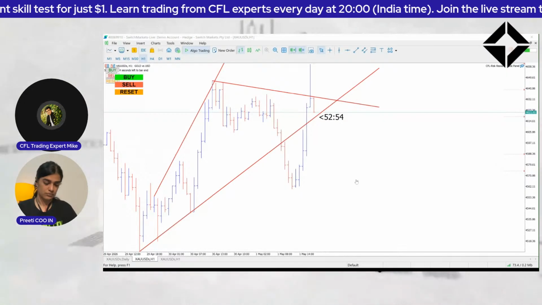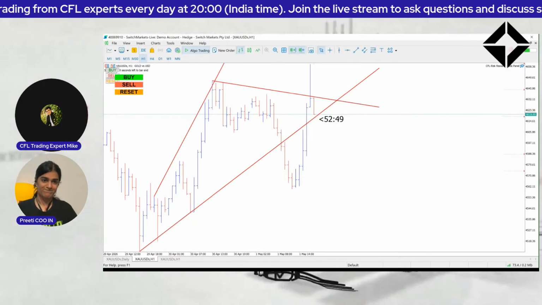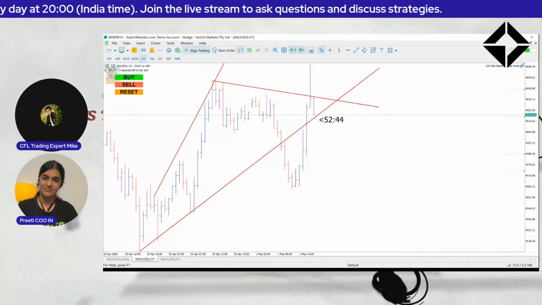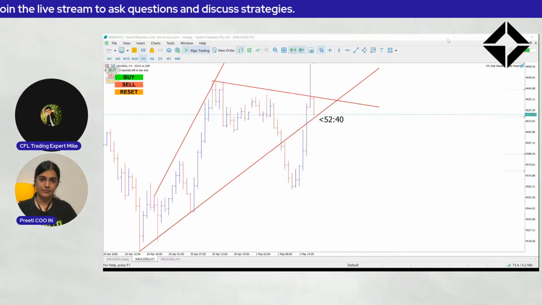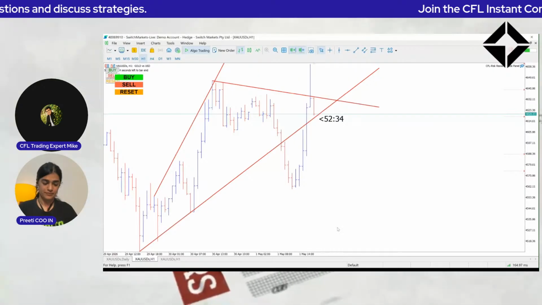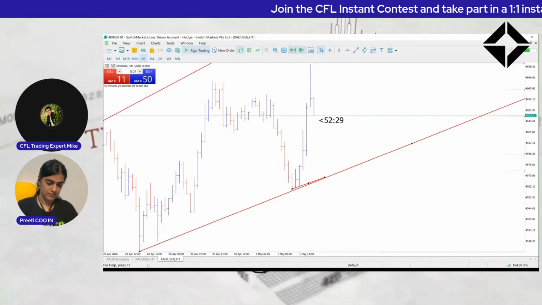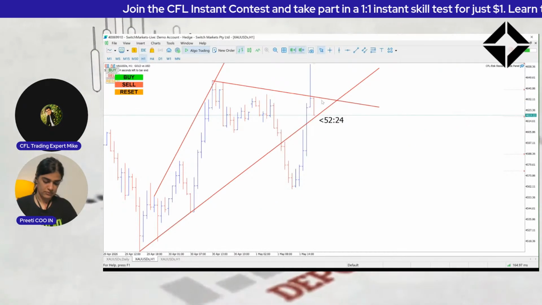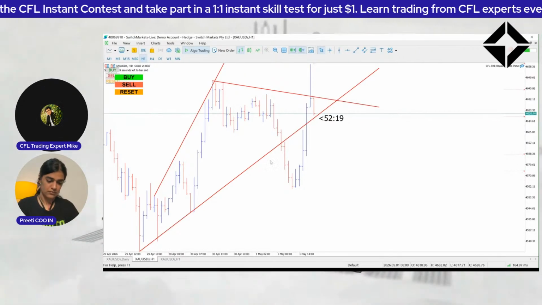The reason I do believe is because here a lot of buyers are sitting. Make sense? A lot of buyers are sitting, I believe. So this will be a very good place to look for a short-term buy. If somebody wants to scalp from here to here, it can bounce back for a while. There's very strong chances.